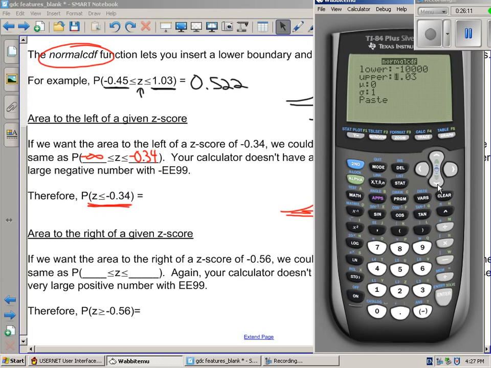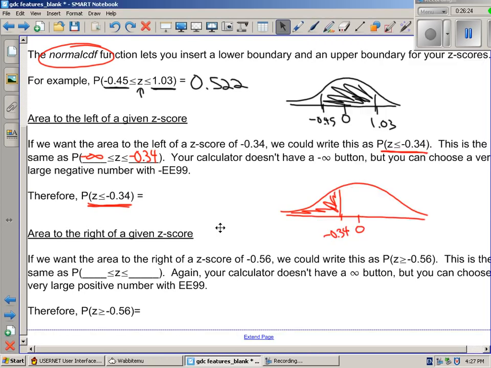All right, the upper boundary is negative 0.34. The mean is 0, and the standard deviation is 1 because we're talking about a z-score, or a standard normal curve. Gives us 0.367, which is a reasonable answer, less than half the curve.